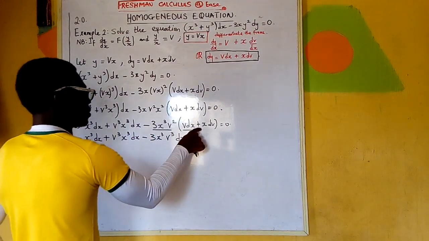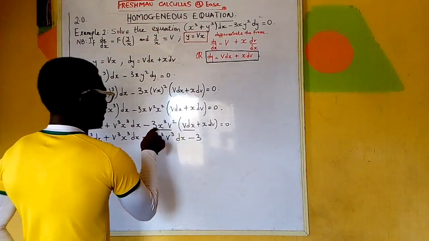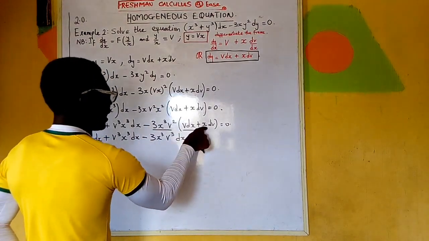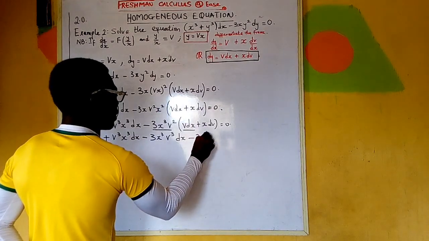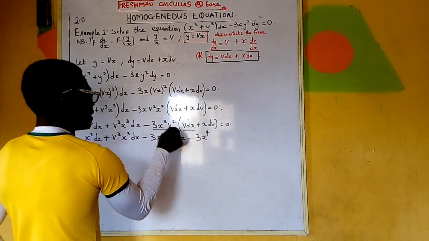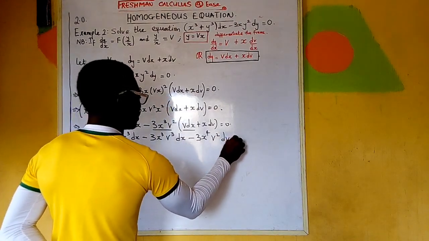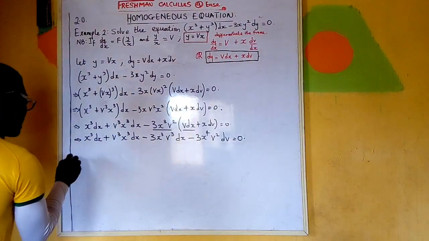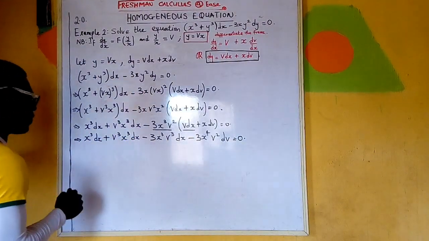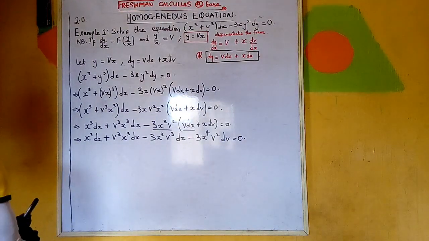The minus times plus will give me minus 3x cubed times x, and that gives me x raised to the power 4, then v squared dv is equal to 0. Now the next thing I'm going to do is simplify. Look at this expression here.